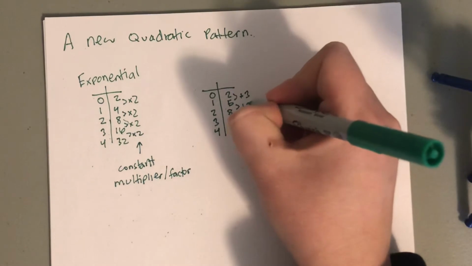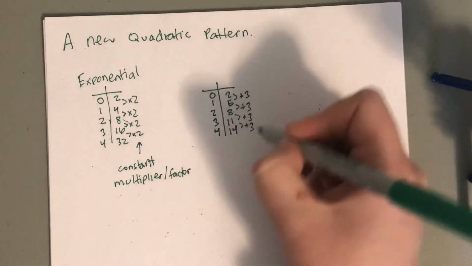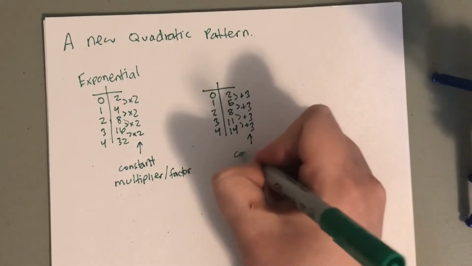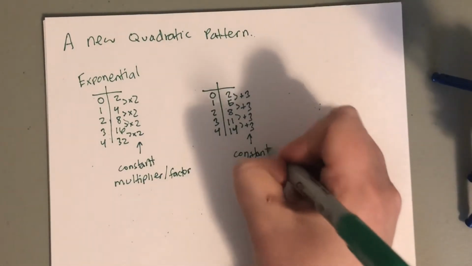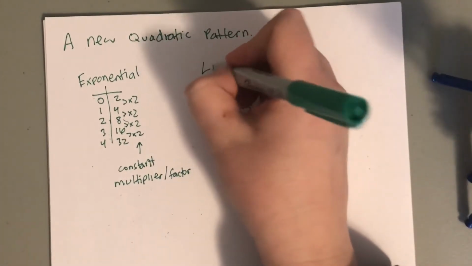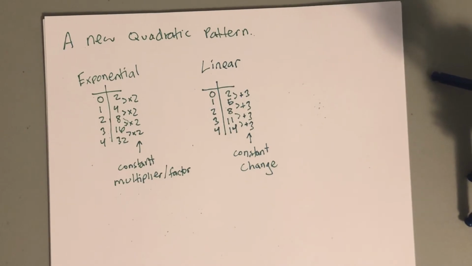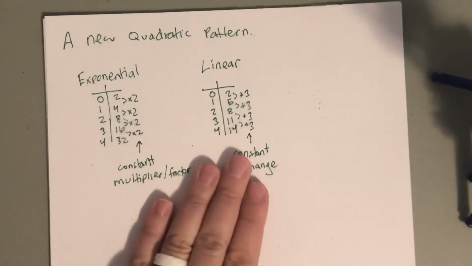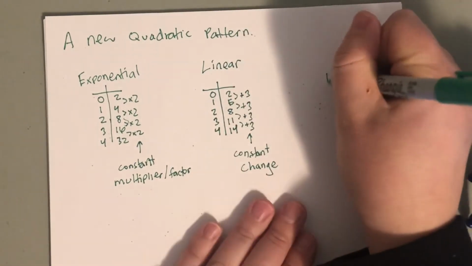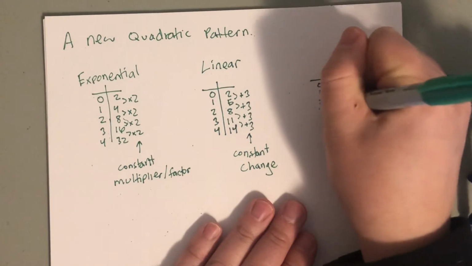From 5 to 8, you would add 3, and add 3. So because this function has a constant change, we can know that this one is a linear function. Again, you've learned that, you've seen that, but just to review, these are two types of patterns that we already know.